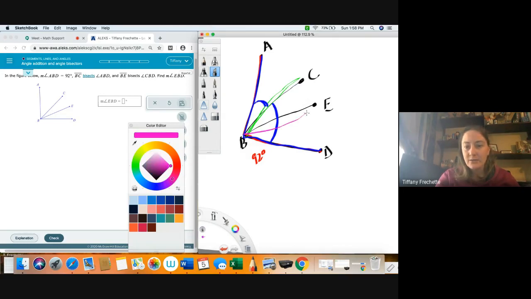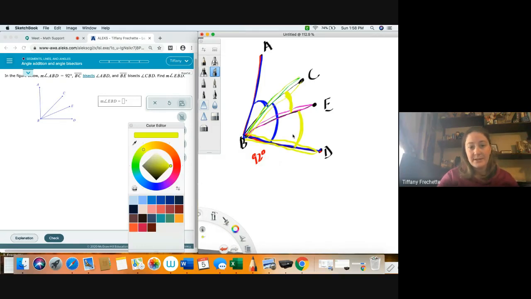So BE, this one, bisects, and let's do this in yellow, CBD. So bisects these two here. So I know that this line, or this angle, has to be the same as this one. Bisect means to cut in half. So that means that this line should have been drawn in a way that these two pieces are the same.